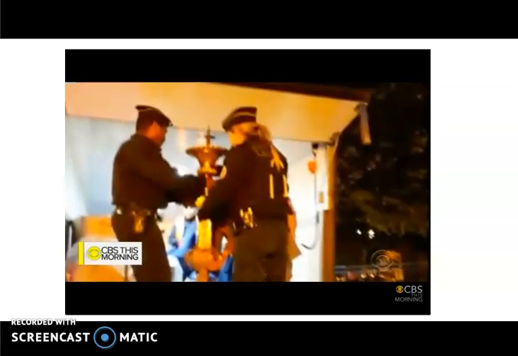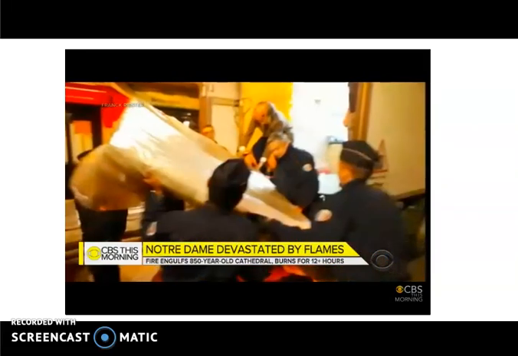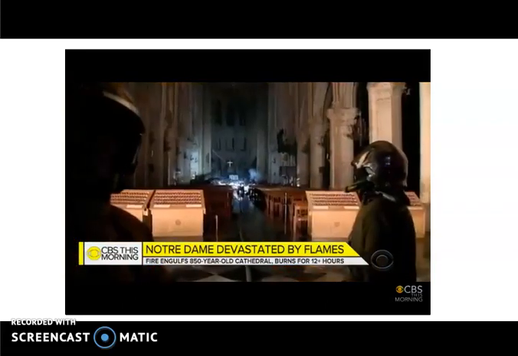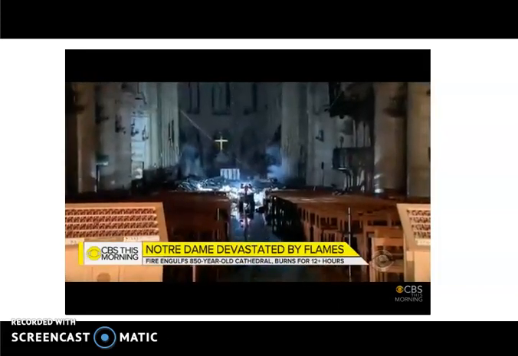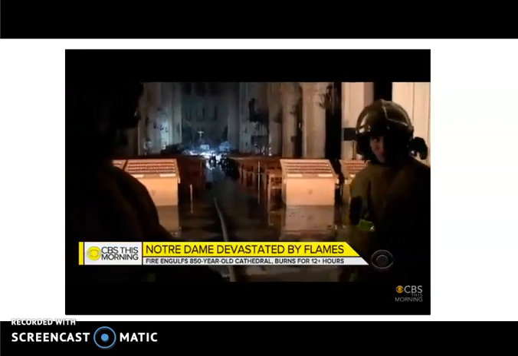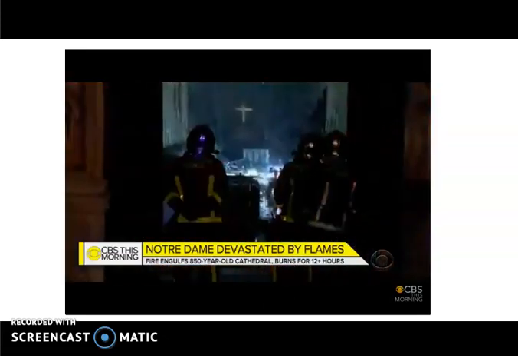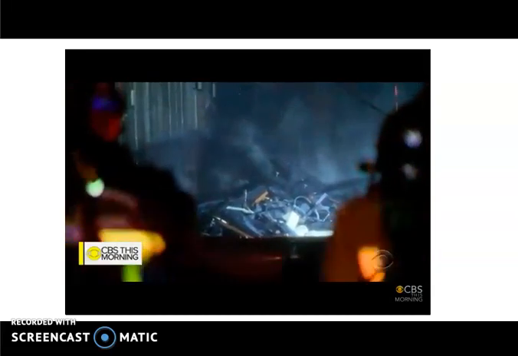There was a rush to save artwork and artifacts. Paris's mayor said the Holy Crown of Thorns and other precious pieces had been successfully recovered. Today we're getting our first look inside, where the cross on the altar appears to shine amid the devastation. Stone saints look toward firefighters, and some pews survived. Attention is now turned to the stained glass windows and the organ, one of the oldest in the world.